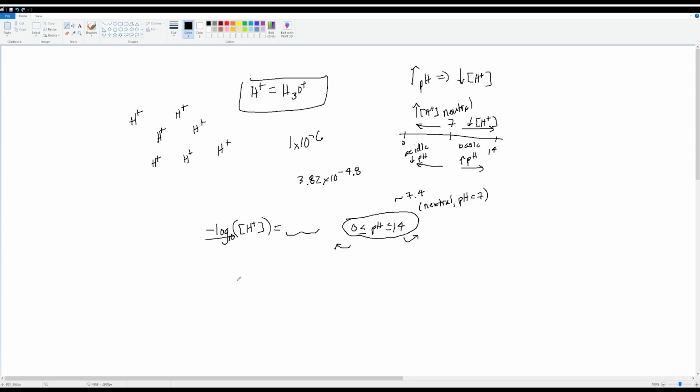So if I asked you, what is the difference in H plus concentration of pH 3 versus pH 4? Okay, well, we're dealing with a negative log base 10 scale. So that means every 1 unit is a 10-fold change, or a 10 times change. Okay, so if we're going pH 3 to pH 4, you guys can put in the chat or think in your head, is this a 10 times increase or a 10 times decrease if we're going from pH 3 to pH 4?